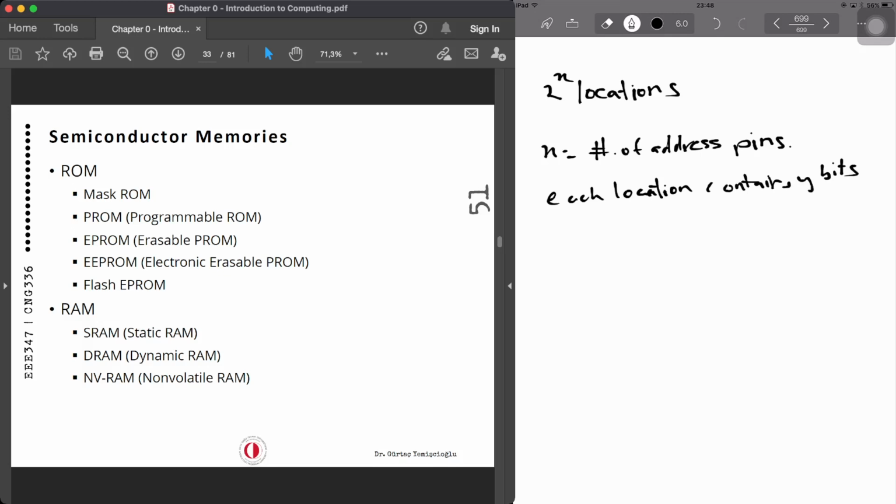Y is equal to the number of data pins on the chip. So that means we have 2 to the power x locations, where x is the number of address pins, and each location contains y bits, where y is the number of data pins.